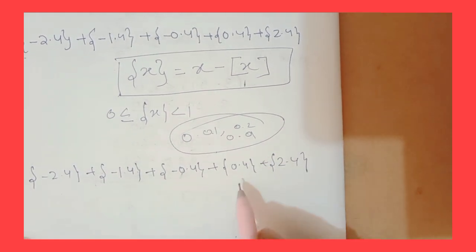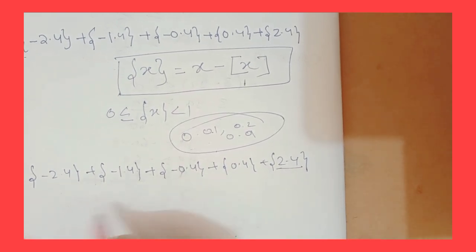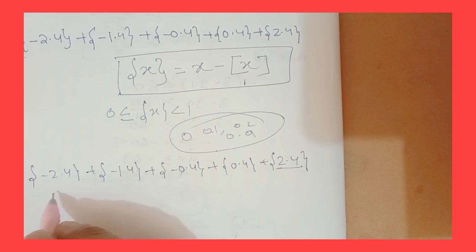For positive it is very easy to identify the fractional part, 0.4, but for negative a little calculation is needed.